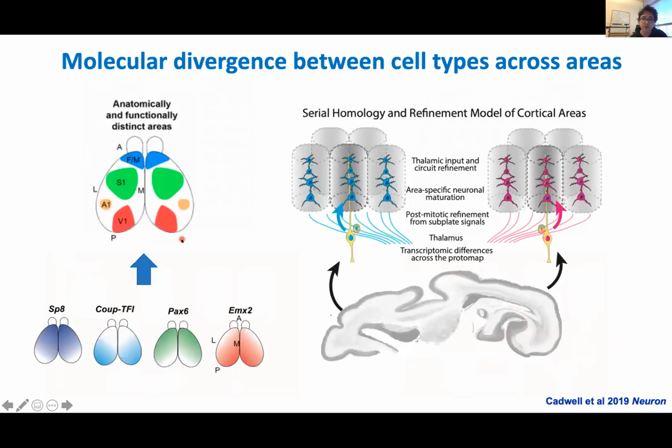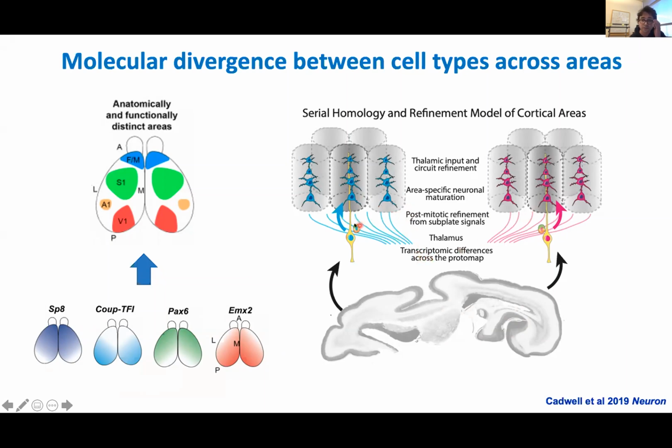So together, a model that we hypothesize might be occurring is that the transcription factors that are differentially expressed across the protomap of the cerebral cortex act as pioneering transcription factors to initiate different lineages, differentiation of excitatory neurons into different lineages.